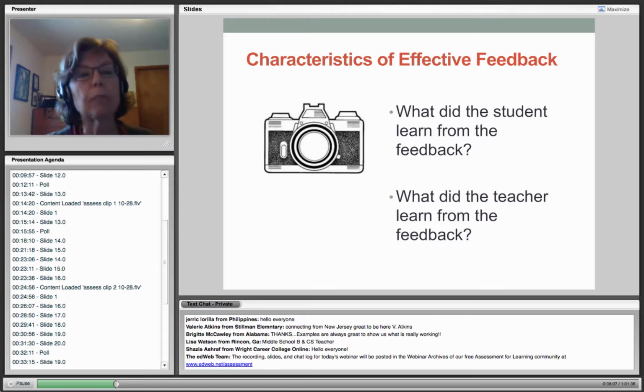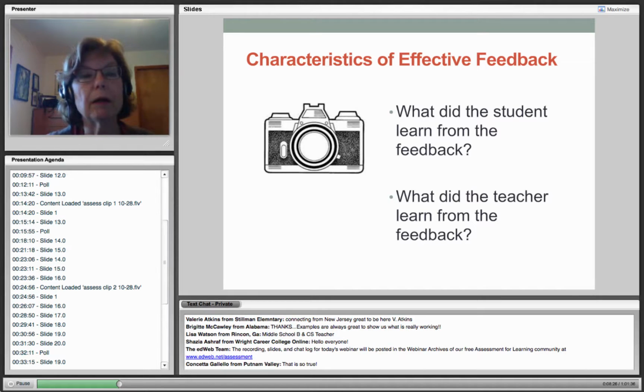Many teachers approach feedback as if it were correcting, not responding to students' thinking. If all you're doing is correcting students' work, then student understanding won't be advanced. They'll make the corrections you ask them to make, but they may or may not understand why that makes something better.